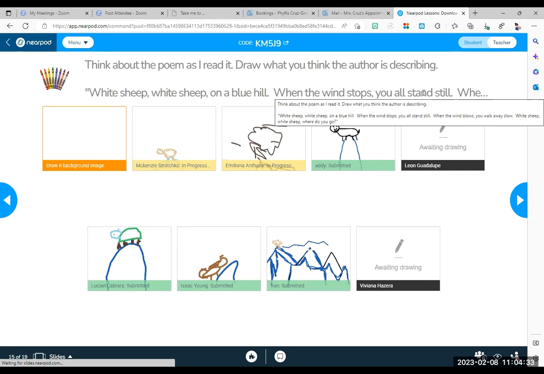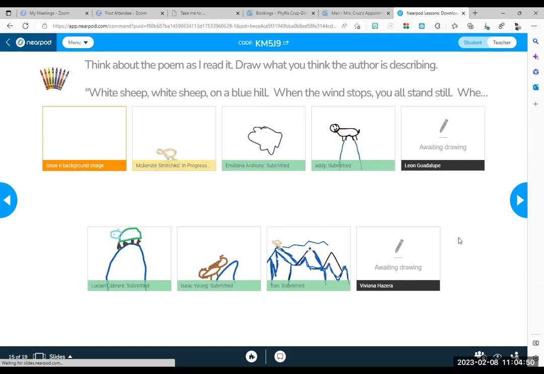Oh, so you heard the word wind, and that made you think of clouds that are white? Oh, what's the blue hill? The sky, probably. Okay. What do you think? Thank you. Isaac, what were you going to say? Let's see if we can hear you, honey. If it's not about sheep, what do you think it's about?